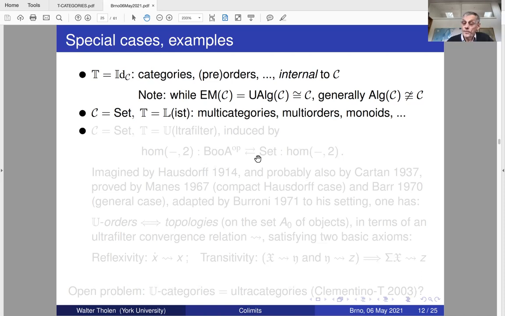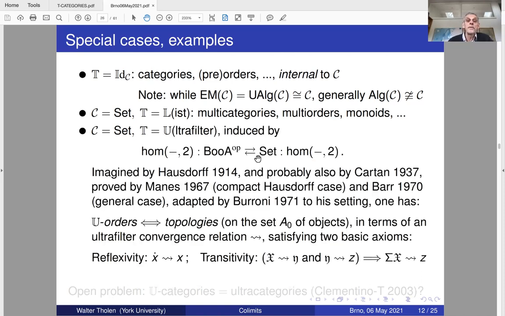But from the topological side, we want to look at the ultrafilter monad as induced by the adjunction between Boolean algebras and sets, where on each side you have the hom given by either the two-element set or the two-element Boolean algebra.